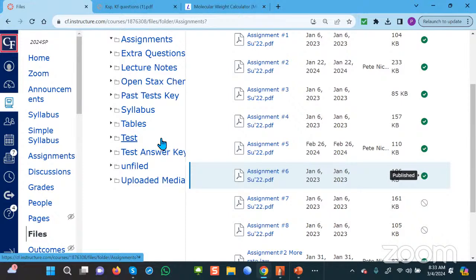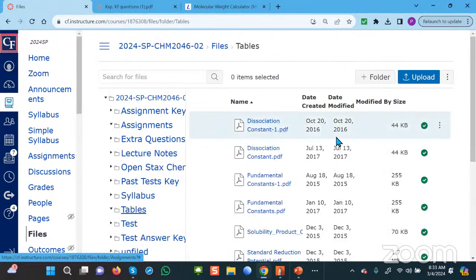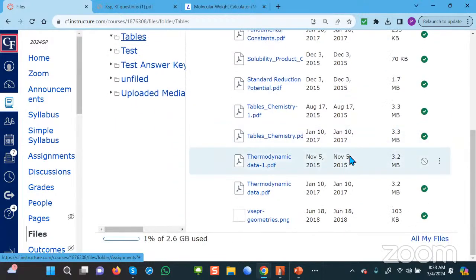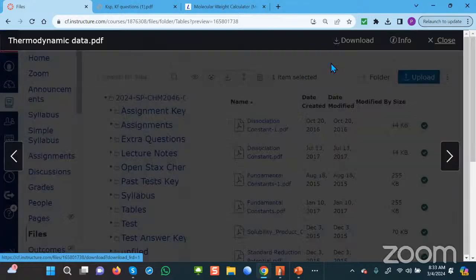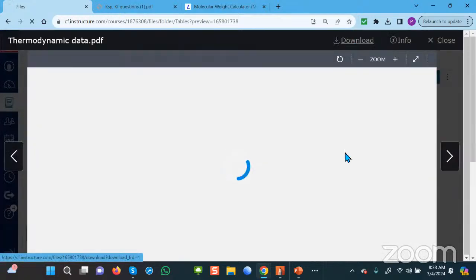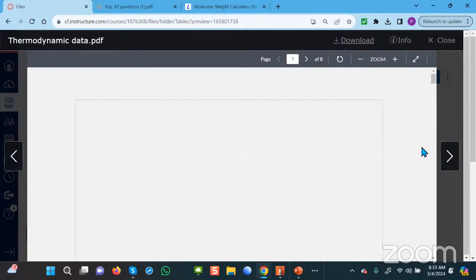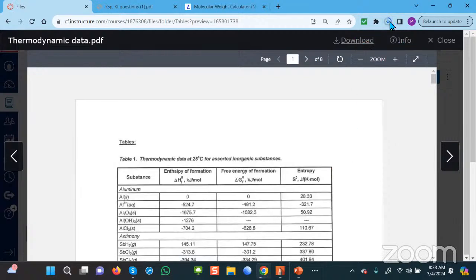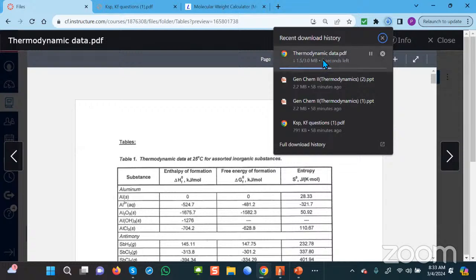And of course, you'll have access to this particular table during your tests or exams. And that would be here, thermodynamic data. So if you click on that, and if you have had me before in General Chemistry 1, you'll see this already, but we didn't use all of it. It's the same table as back then.